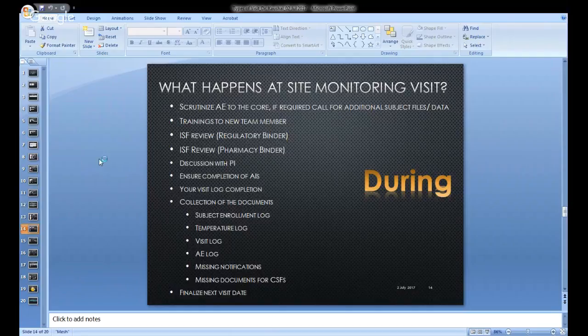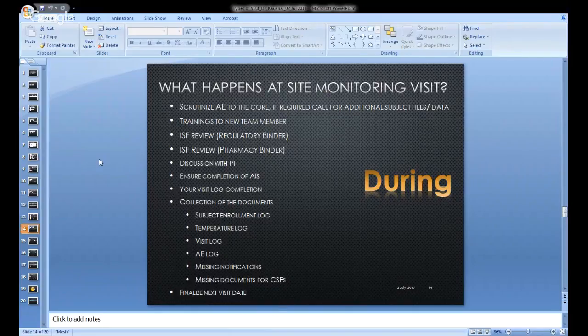So ensure that everything is discussed with the principal investigator towards the end of your visit. There might be a couple of action items where investigators' insight would be really, really important. So ensure that you put that on the table with an investigator and try to close it out before you leave the site for the particular day.